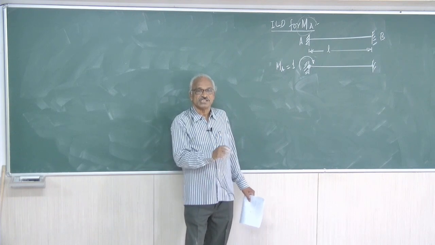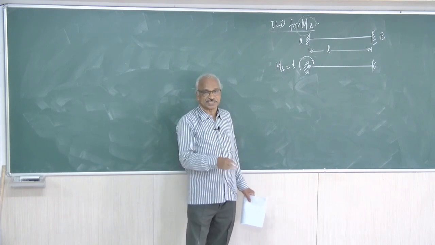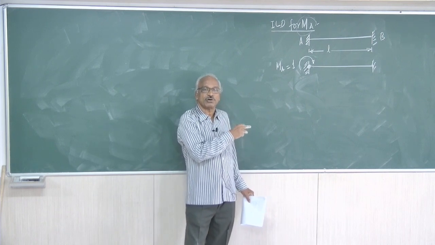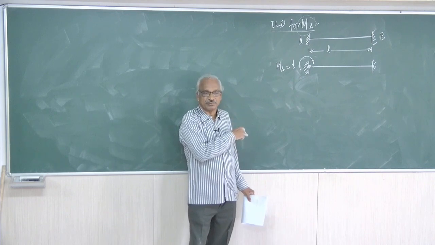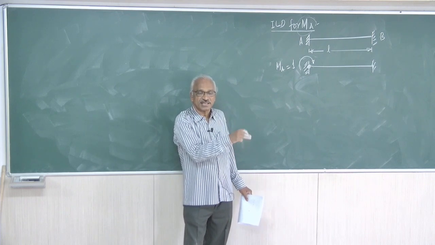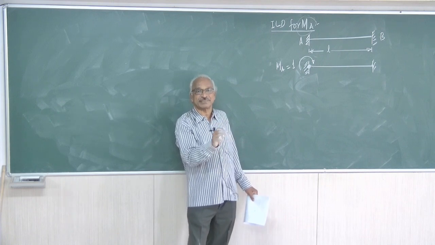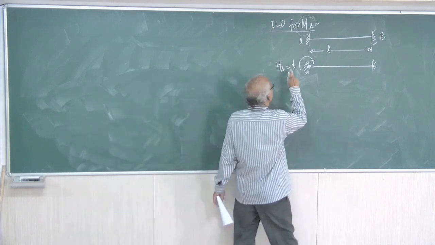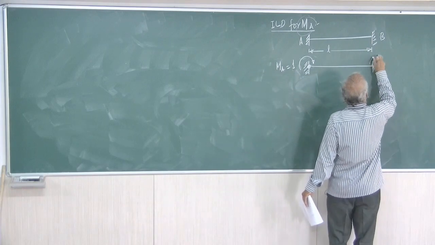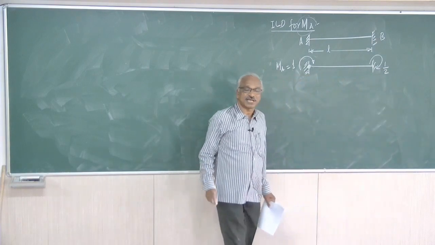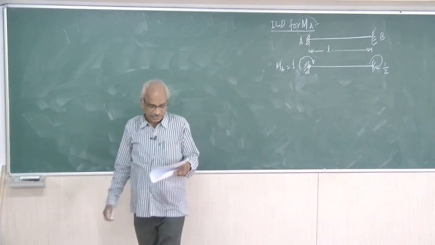When the far end is fixed and you apply a moment equal to unity at the left support, at the far end there will be a carryover moment of half the value and of the same sign. Therefore, here you introduce 1, and there will be a carryover moment of 1/2 and of the same sign on the opposite end.